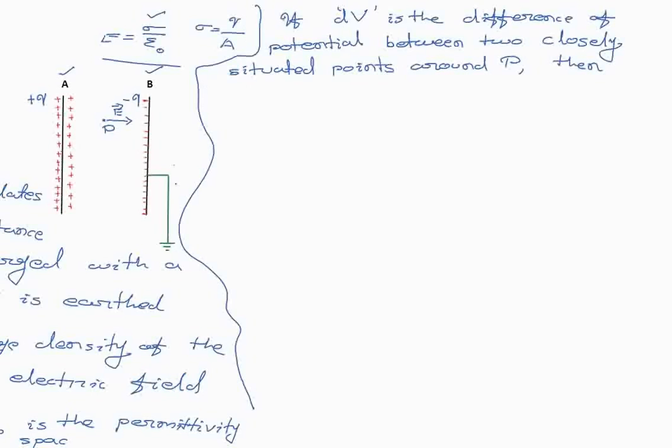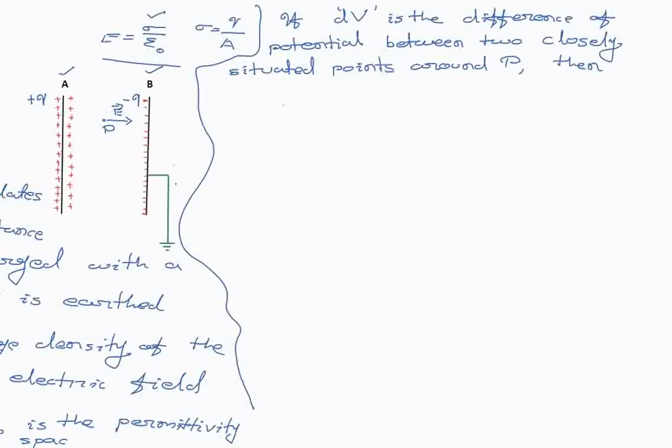So if dV is the difference of potential between two closely situated points around P, then we already know from the definition that potential is equal to negative line integral of the electric field intensity.